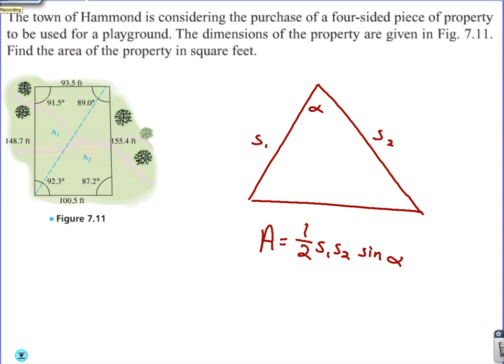And we've got that relationship here. This shape is just two triangles. We're going to split it right down the middle, find the area of triangle 1, the area of triangle 2, and simply add those two areas together. Pretty easy problem.